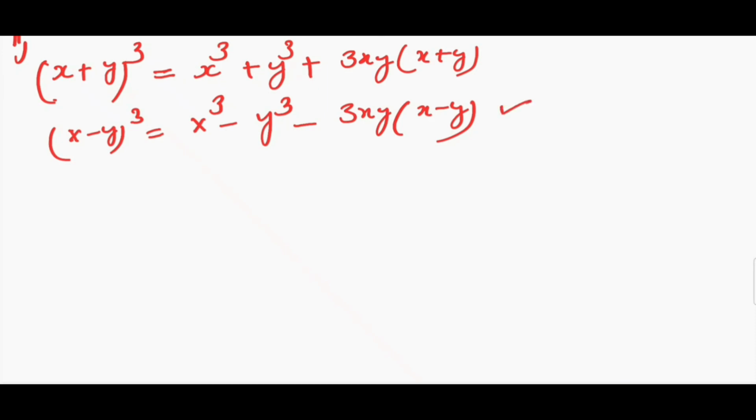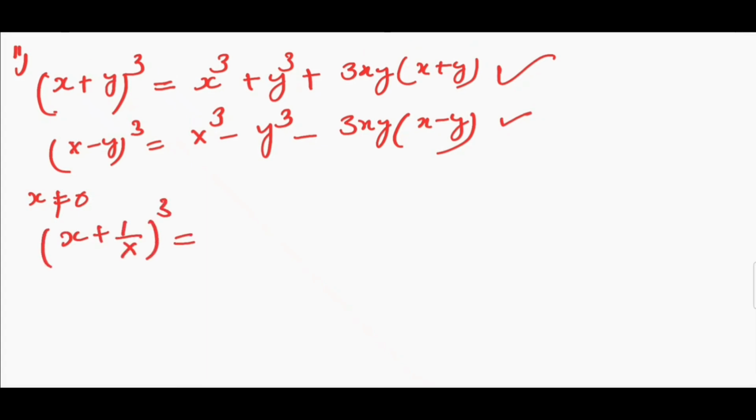Similarly, if x is not equal to 0, then instead of y we'll put 1/x. We'll get (x + 1/x)^3 = x^3 + 1/x^3 + 3(x + 1/x).